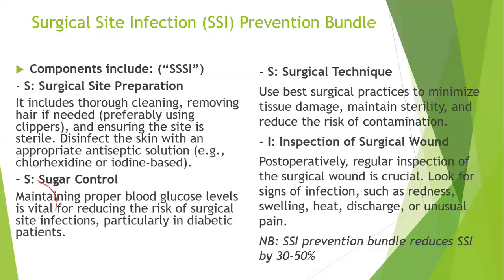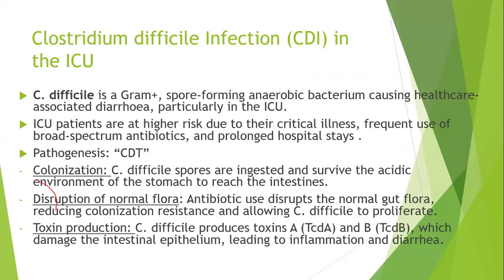Surgical technique is important and you must also inspect your surgical wound. A lot of times we just concentrate on our ICU care. We need to also look at the surgical wound to see if it's still clean or requires the surgeons to come and look at it. Instituting the SSI prevention bundle has been found to reduce the incidence of surgical site infection by almost half.